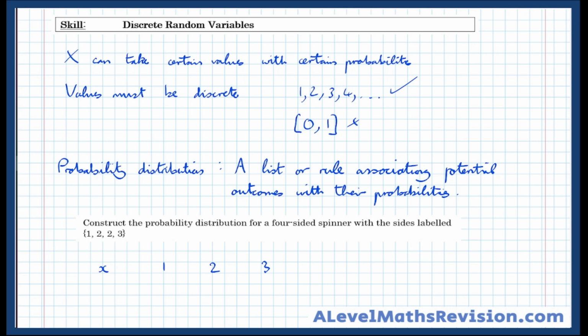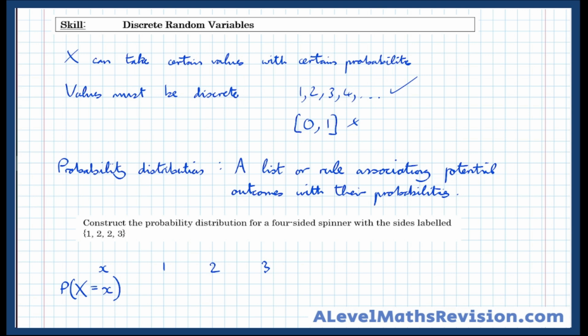Now a bit of confusing notation. The probability that the variable capital X can take a particular value x, and that's an important distinction. Typically in probability notation, capital letters are the actual variable themselves and little letters are potential outcomes.